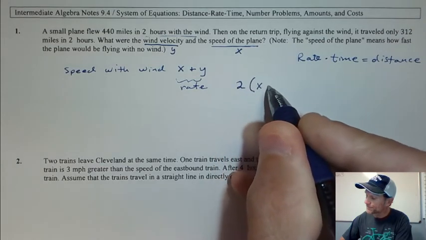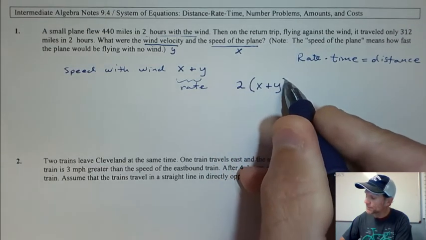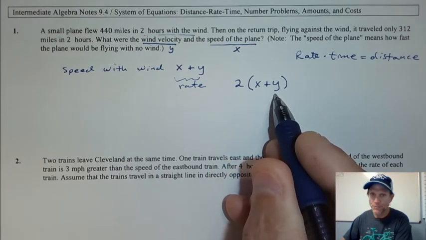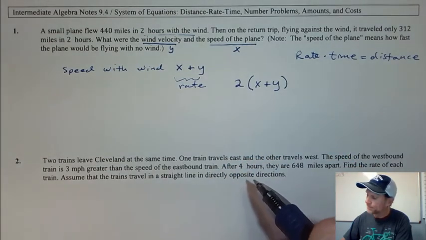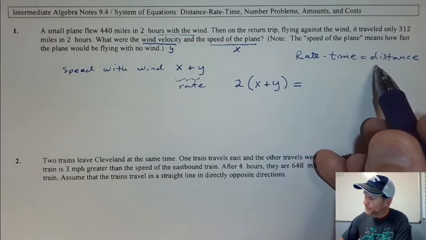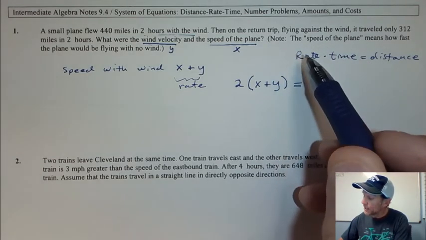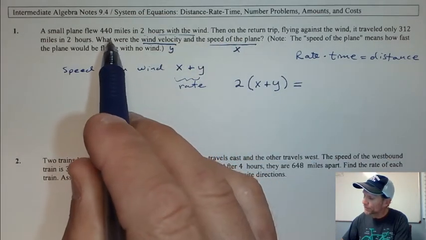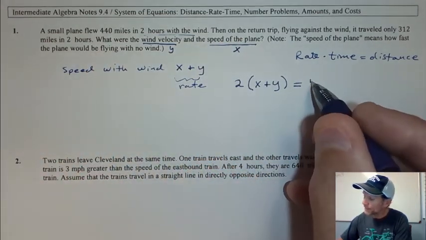So we have 2 hours at the speed with the wind. And in that rate times time, the distance that it travels, it says it travels 440 miles.